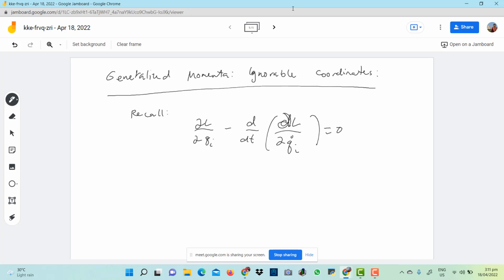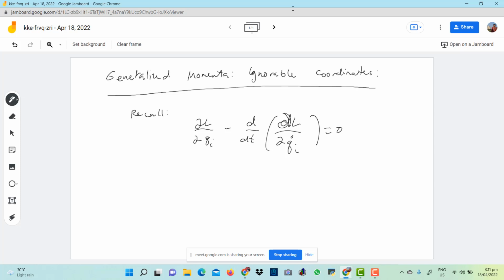So, dunay mga system nga dili siya dependent sa imong coordinate q. Like for example, a free particle. Ang free particle is wala siya potential energy. Dili siya function of x, only a function of velocity, right? So, we can actually express that into momentum. Okay? Kaning ato ang Euler-Lagrange in terms of that.